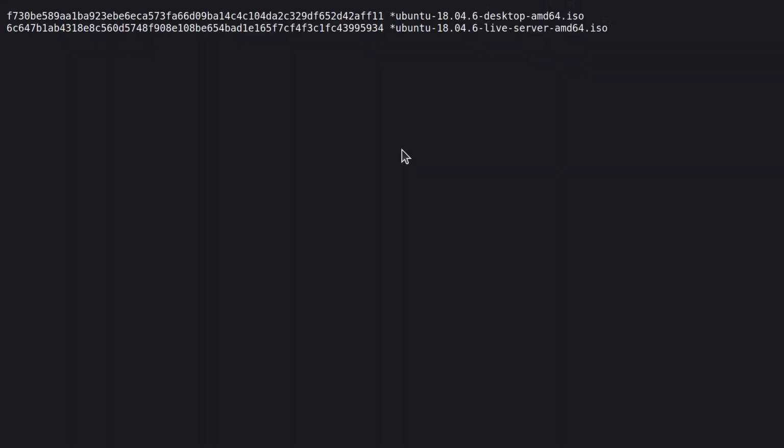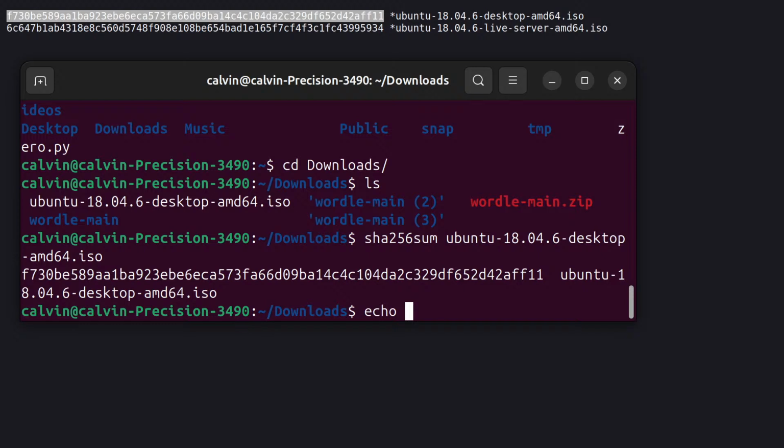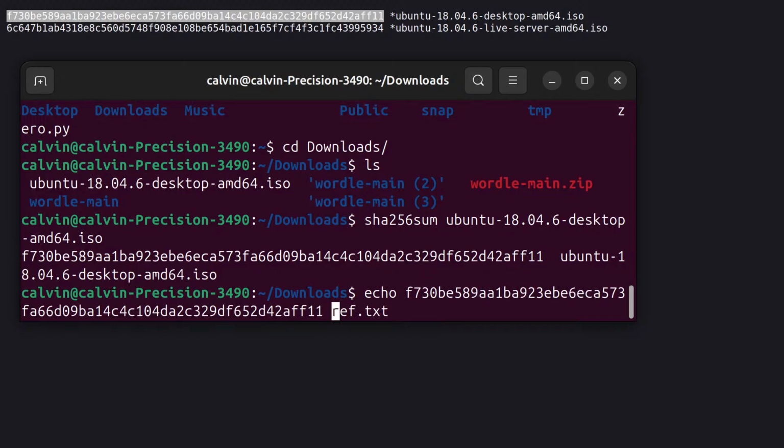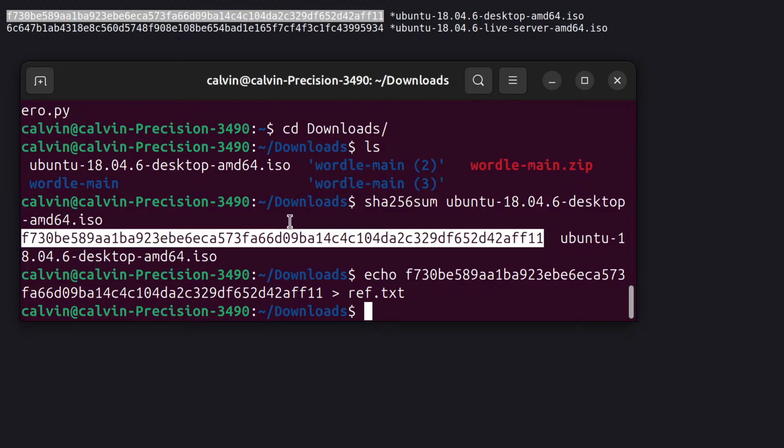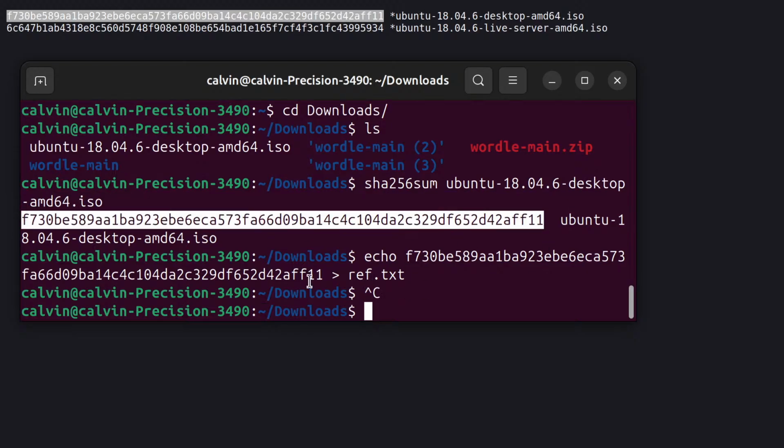So I should take this and throw it in my file system. Ref.txt. And then I want to take, well, let's diff ref and, okay, I'm just going to copy this too.